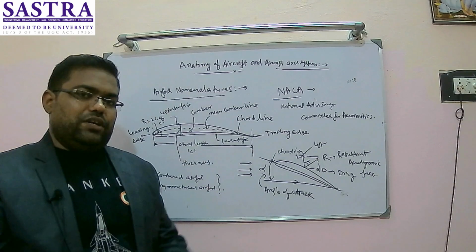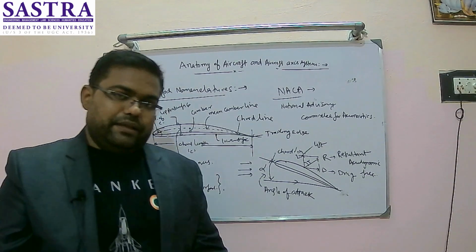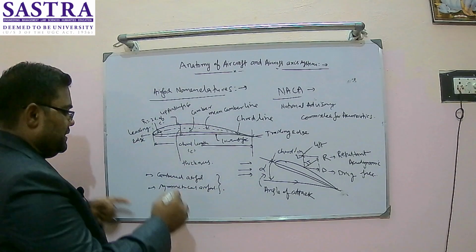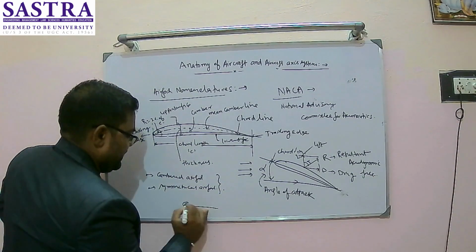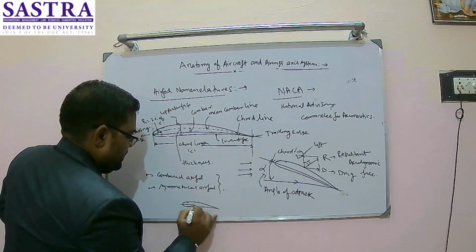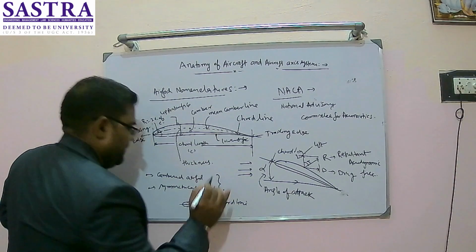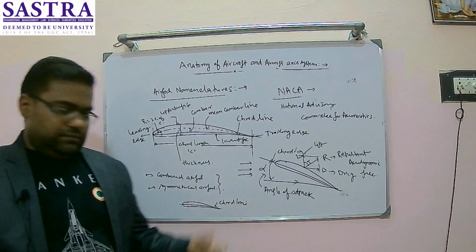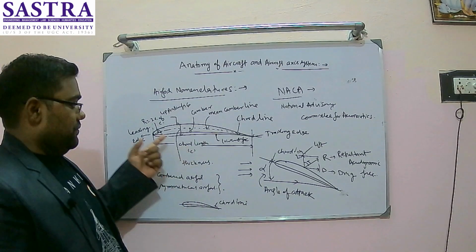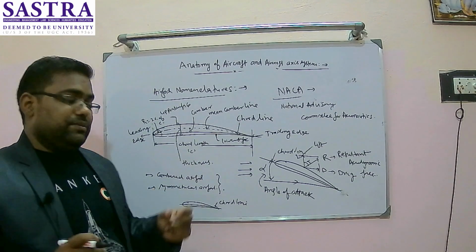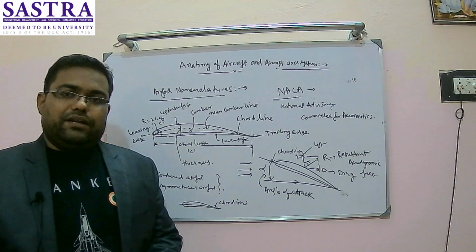A cambered airfoil will have a certain value of camber which may be positive or negative, and a symmetrical airfoil will have zero camber. That means the symmetrical airfoil geometry will be symmetrical about the chord line. So the chord line itself can be considered the mean camber line for a symmetrical airfoil, but in the case of an unsymmetrical, cambered airfoil, there will be a distinguishable difference between the mean camber line and chord line.